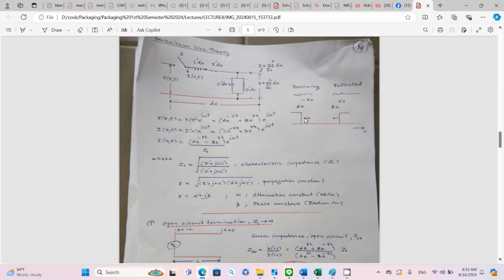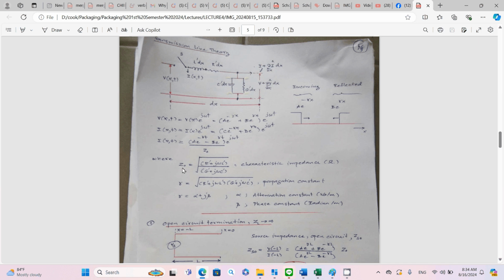Sometimes we put that as V subscript F. And B exponential gamma x is the reflected signal from the load end, or sometimes we call it the backward voltage V subscript B. Okay, and you can explain the current in a similar way.